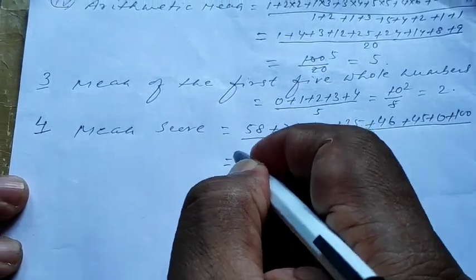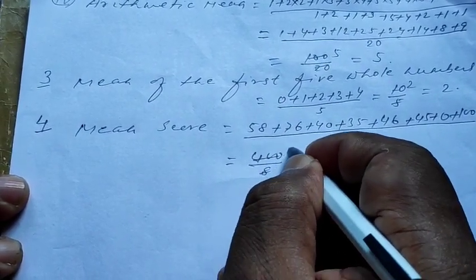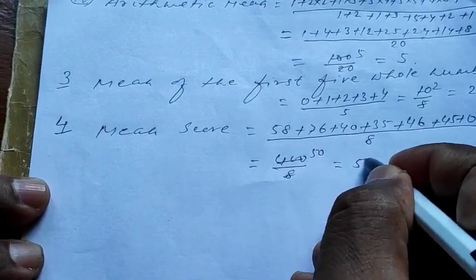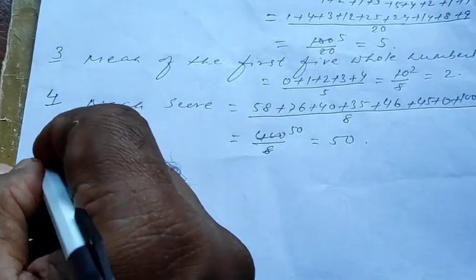This is equal to 400 by 8. 8 5s are 40, and this is 50. The answer is 50.